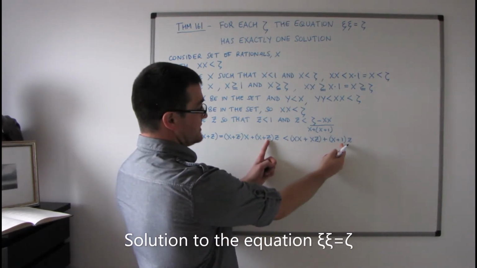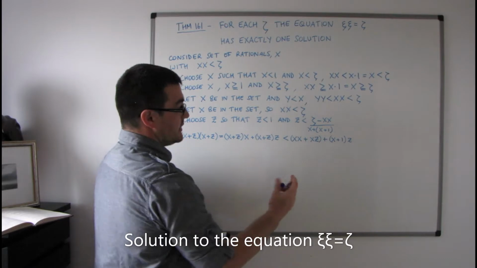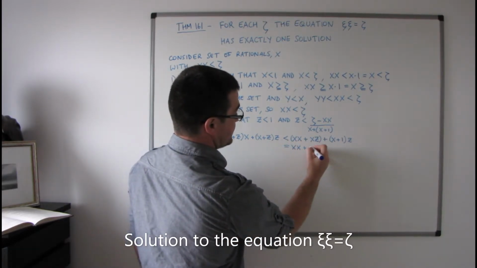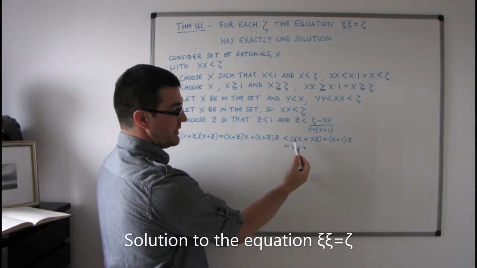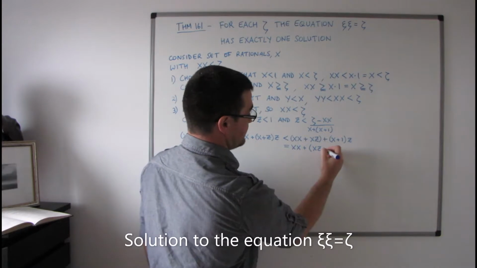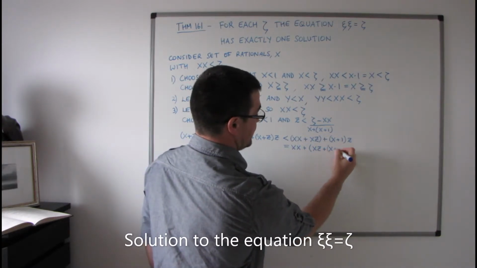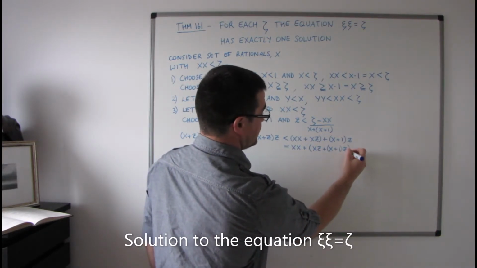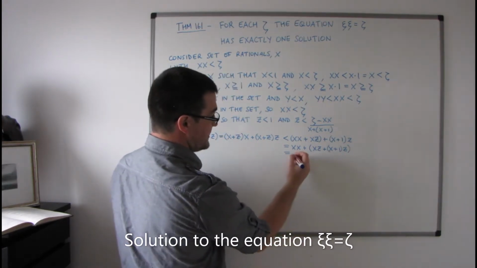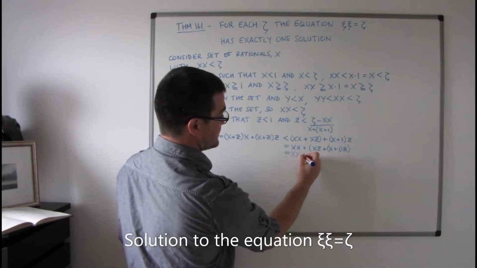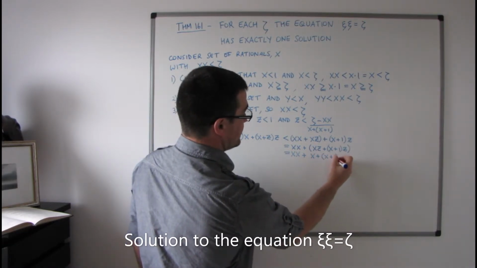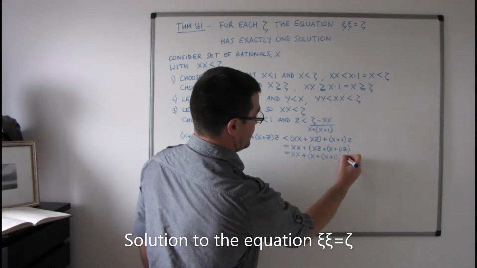I've just changed the z to a 1, and that is equal to x times x plus, using associativity, xz plus x plus 1 z. Taking the z out using distributivity, x times x plus x plus 1 z.